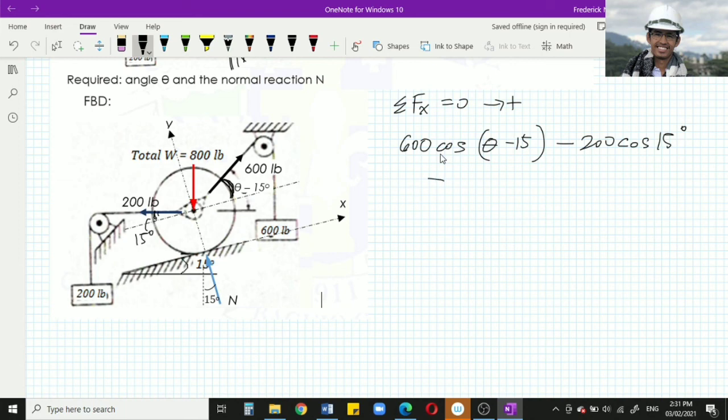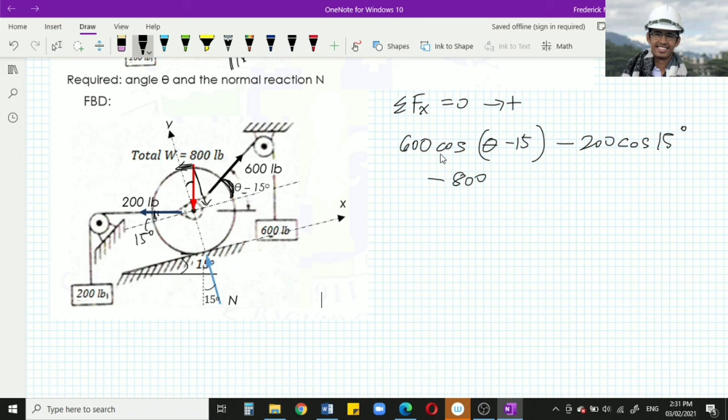Minus, so meron pa yung ating 800 pounds. So that will be yung direction ng ating force dito sa ating 800 pounds for the x component. So may components pababa. So x component, that will be 800 minus 800. So yung angle natin dito will be 15 degrees din.